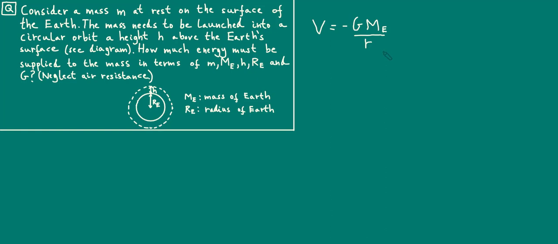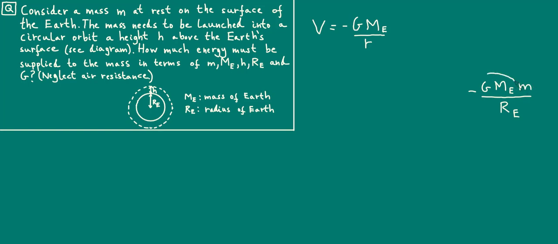So the gravitational potential energy of a mass little m that we're considering here at the surface of the Earth is the value of the potential at the surface, which is simply minus big G multiplied by the mass of the Earth, divided by the radius of the Earth, multiplied by the mass of the object.